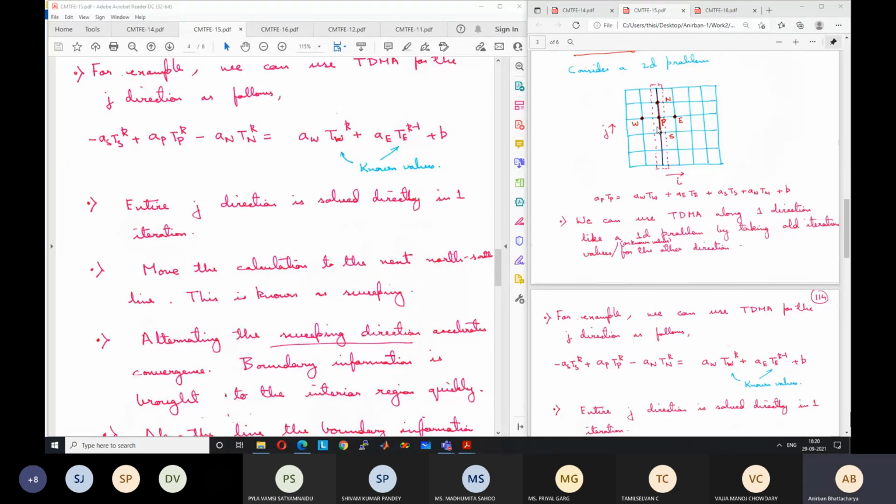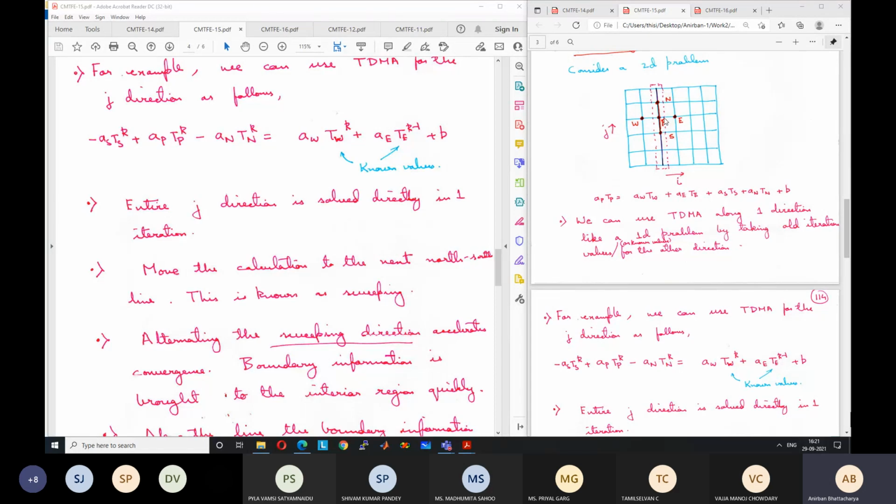So if you continue like this, going from this side to this side, information will pass 1 point at a time from the left to the right boundary. But it will pass along the north-south direction very fast. So if we alternate this direction, once we take the north-south direction and go from left to right boundary, once we take the east-west direction for the TDMA and go from bottom to top, this will lead to much faster convergence, because when I am going vertically, it is passing in the vertical direction very fast.